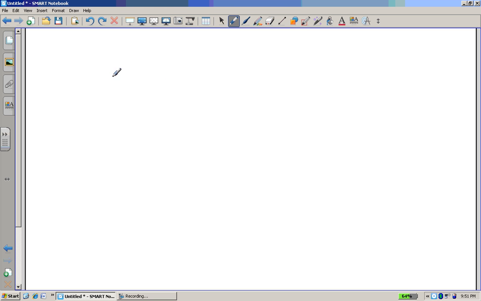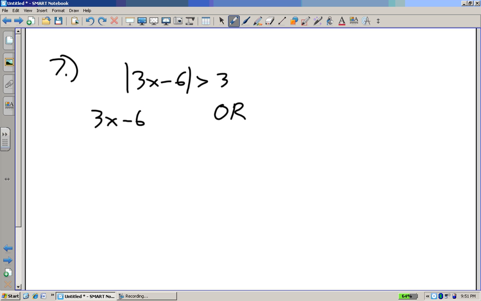All right, let's try number 7. Okay, alligator's eating the door, so this is an or statement. So we have the normal scenario. And once you split it into the two scenarios, you drop the absolute value sign.